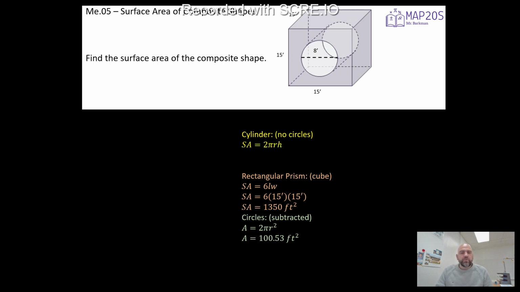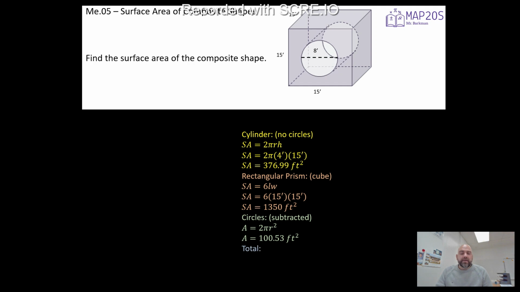So instead of doing the whole 2 pi r squared to start, I'm just going to do the lateral area of the cylinder, and that's 2 pi r h. We have a radius, and we have a length. Now you'll notice we don't see the length on there. In fact, that's going to be 15, right? It's the same length as our cube. So we can just use that measurement, and we're going to get an included surface area of 376.99 square feet.